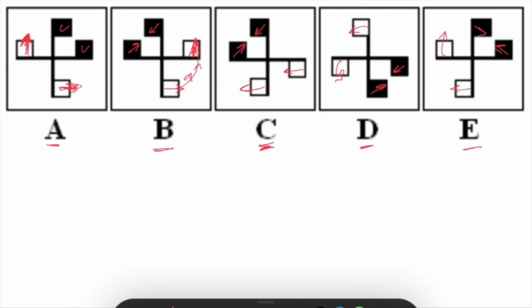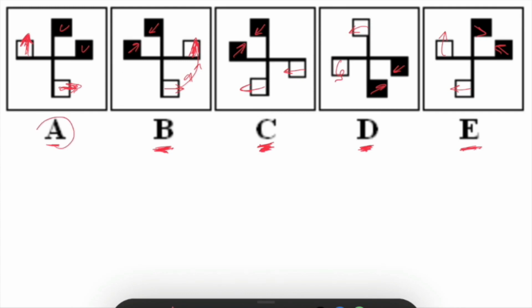So we can figure that in E, D, C, and B, we have the same condition with the two black boxes, and the white boxes are directed either anti-clockwise, as in D and B, or clockwise, as in C and E. They have the same direction.